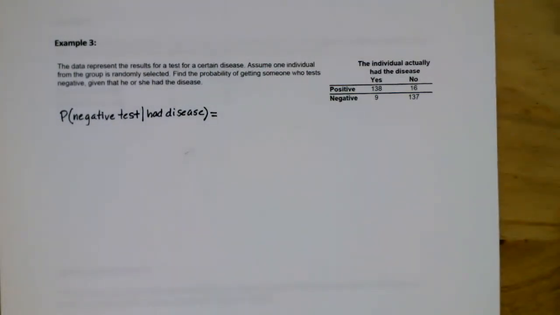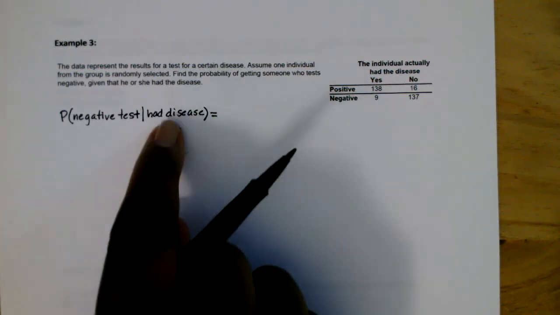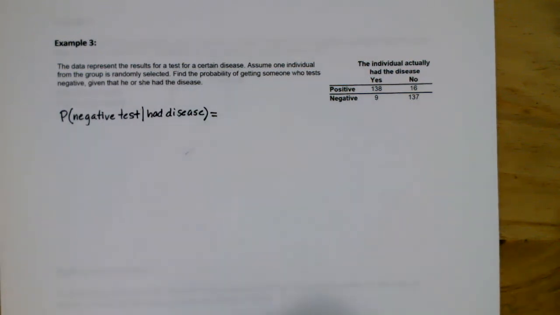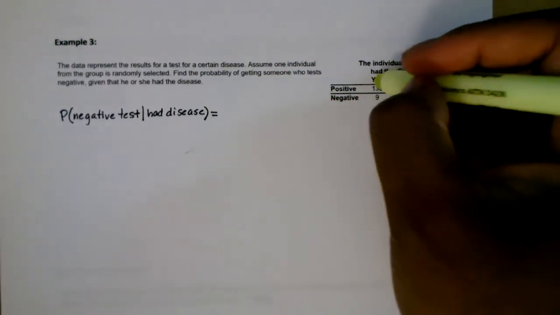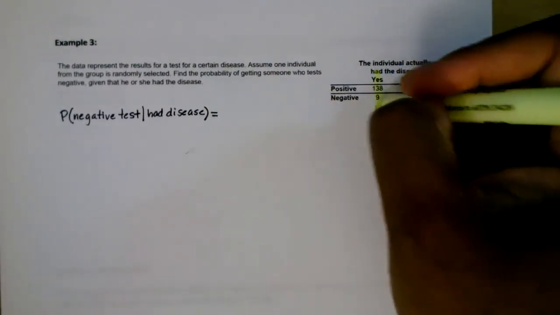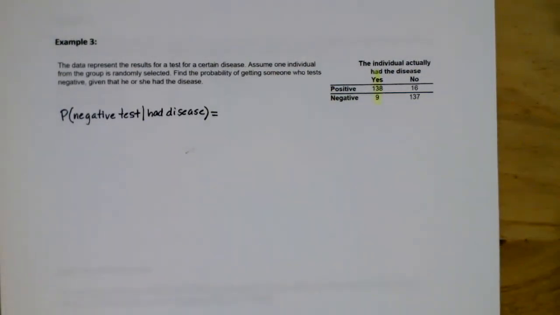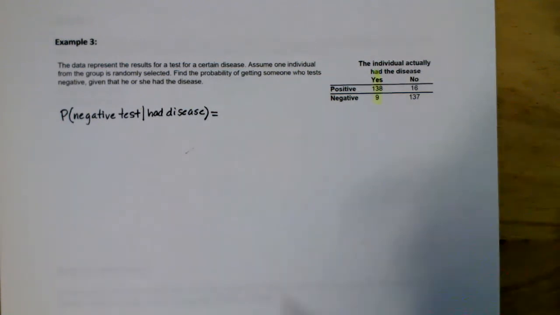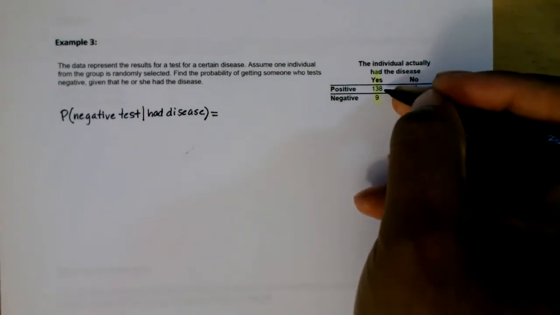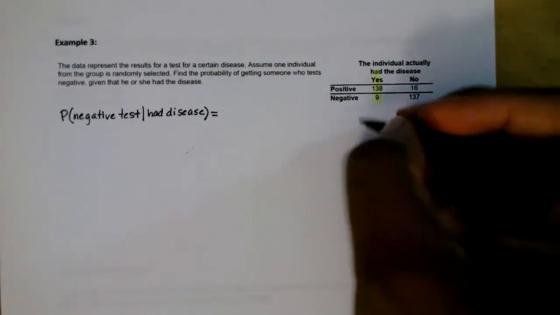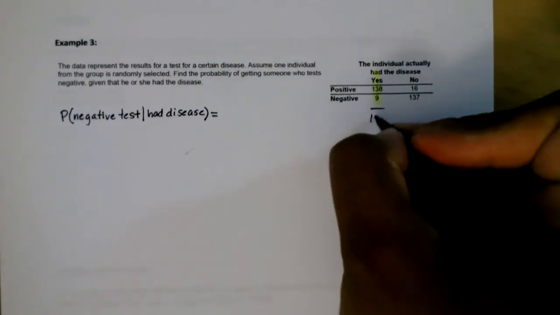In this case, we're given that someone had the disease, so let's focus on that. The individual actually had the disease, that would be the yes column. I'm highlighting that. Let's look at the total number of people that had the disease. If I add 138 and 9 together, I get 147.